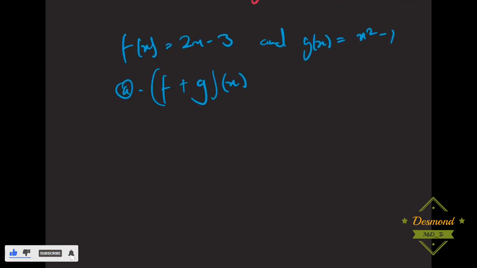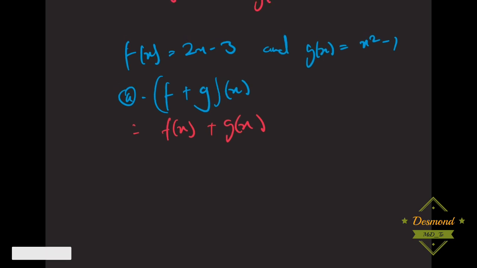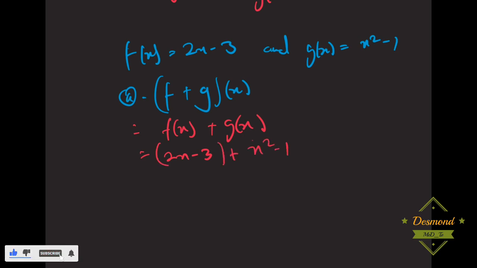Now for this one, let's see what we can do here. So for this, what is f of x? We can write this as f of x plus g of x, right? So what is f of x? f of x is 2x minus 3, right? Plus g of x is what? x squared minus 1.